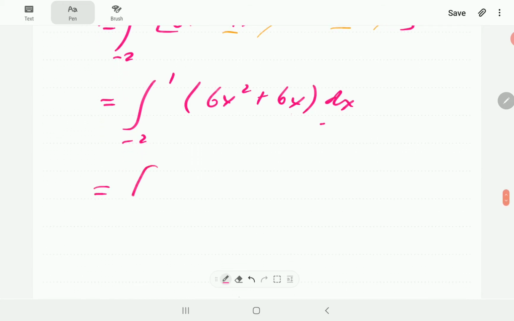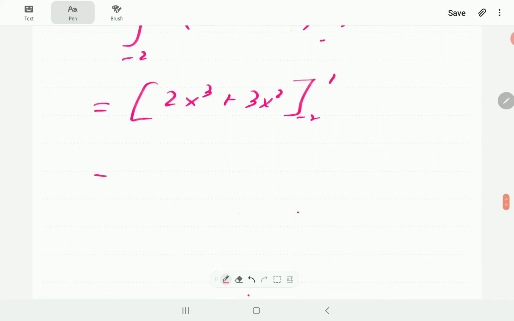This we can integrate, not a problem. It's going to be 2x cubed plus 3x squared. Then we plug in 1. When we plug in 1, it's just going to be the sum of the coefficients. It's going to be 5. Then when we plug in -2, this is going to be 16.